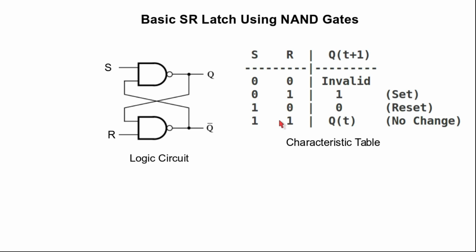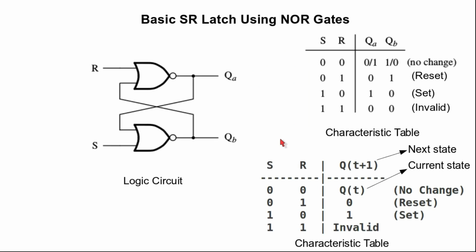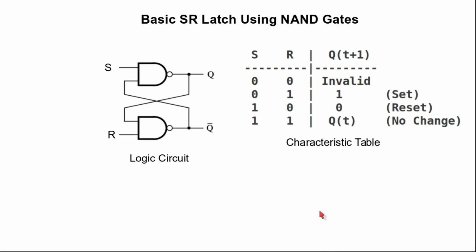So this particular characteristic table is just the inverse of what we had here. So remember this fact, and remember that the position of these two inputs has been changed.